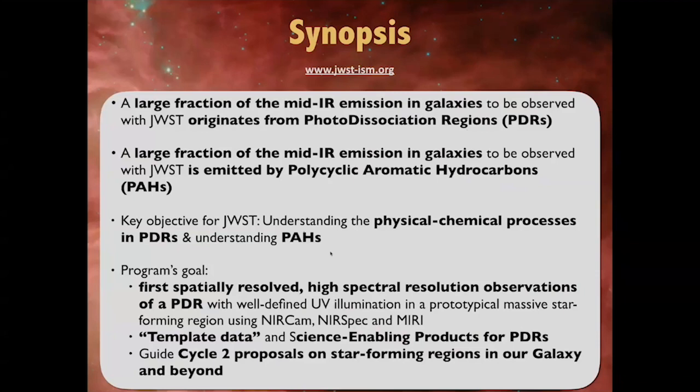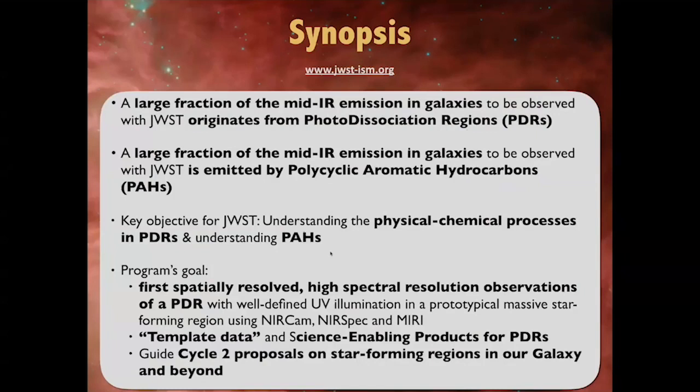Yeah, I think one of the problems with Spitzer was that it was very sensitive, but it had a very low spectral resolution if you use the IRS. And so that means some of the features were just non-detections or 3 sigma detections.